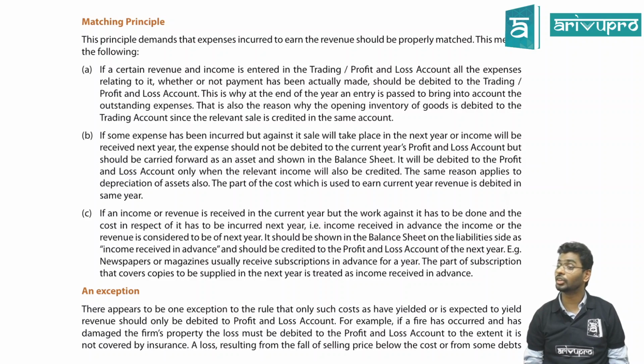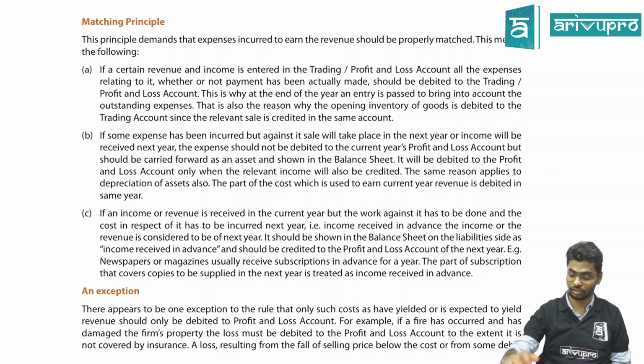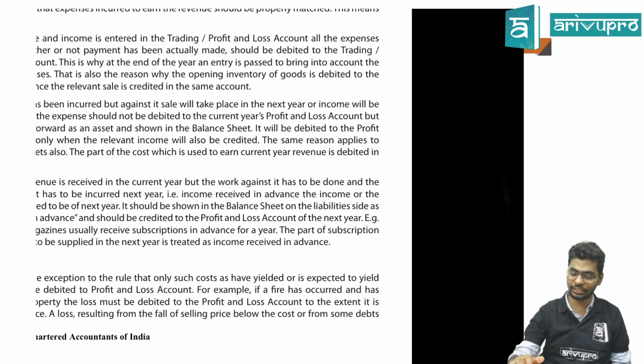This year. Don't treat it as your income for the current year. It will be income for the next year. Till that time your project gets completed, that income is treated as your liability. Understood? Done? Exceptions, we'll look into it later.